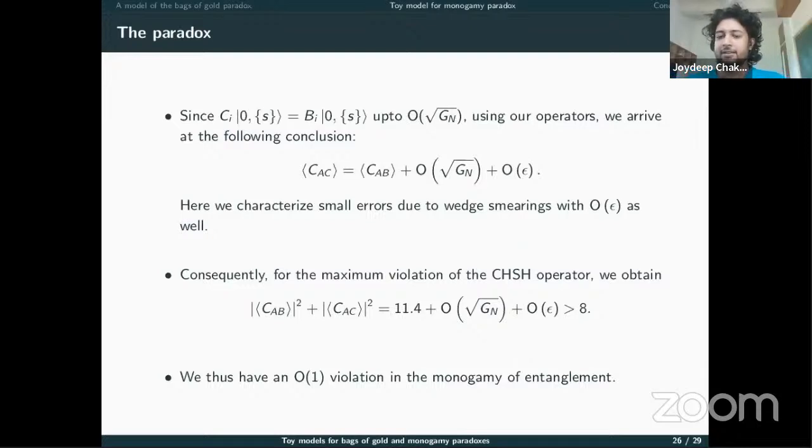Earlier we had this statement about monogamy of entanglement, that CAB squared plus CAC squared should be less than 8. But using our construction, we have essentially arrived at an order 1 violation of the monogamy of entanglement. So this is the paradox in this context.